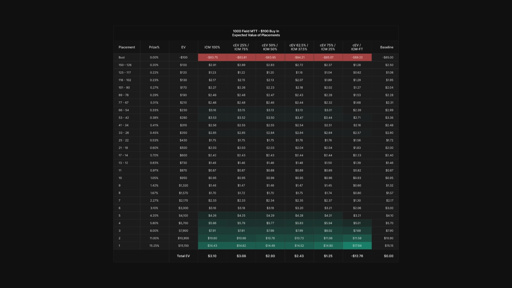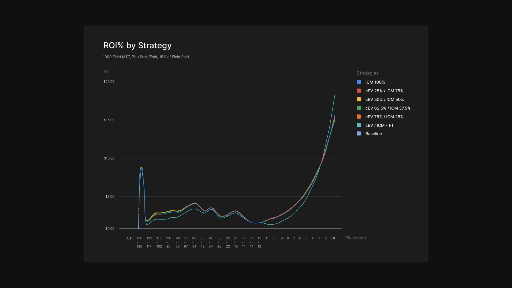The strategy that does try to go big or go home is the ChipEV/final table strategy, who is placing fourth, third, second, first reasonably often, but also busting a lot more often and losing a lot of money as a result of overplaying their stack. Again, we've graphed those results here.